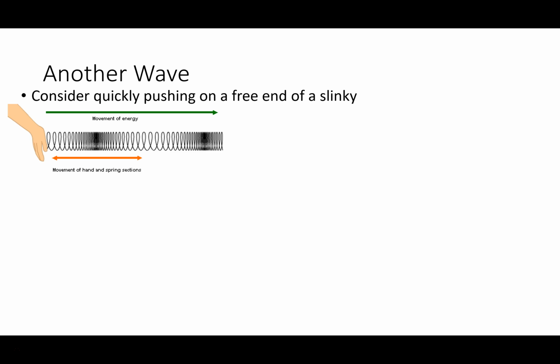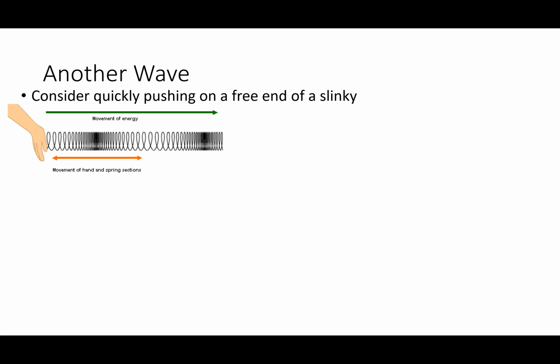Where it's squished together would be the crest, and in the middle of where it's spread apart would be the trough. So from crest to crest is a wavelength. It is a big slinky.